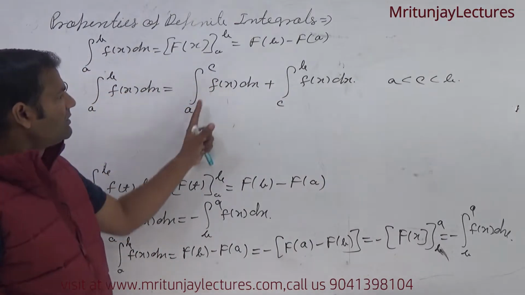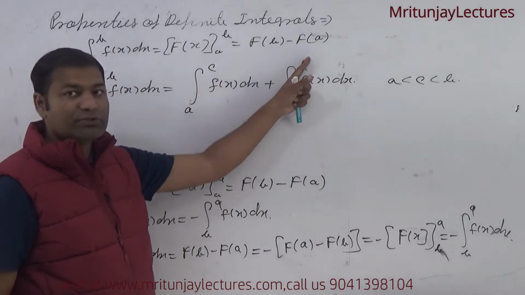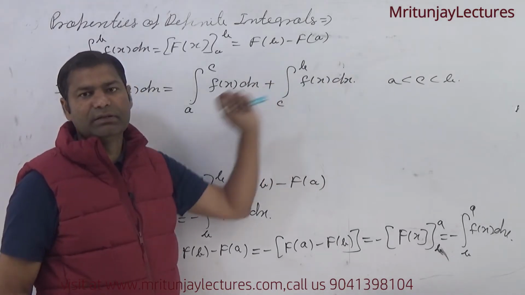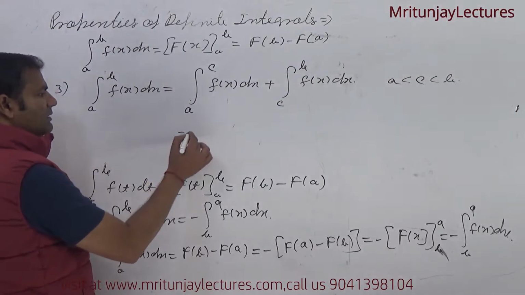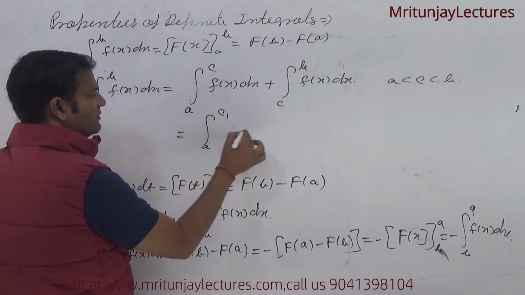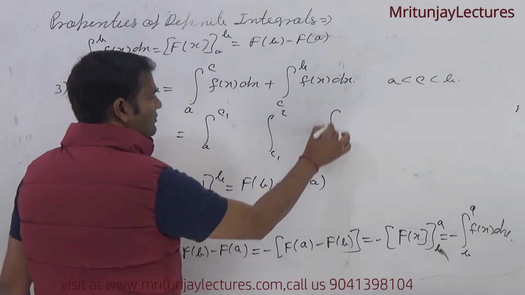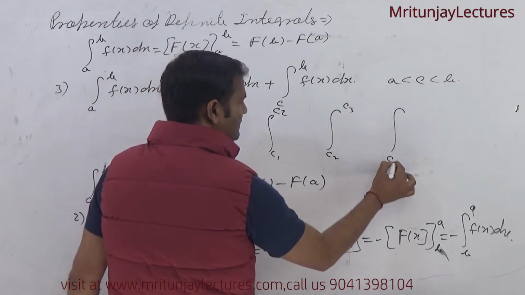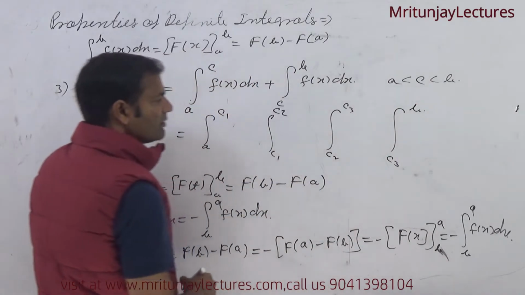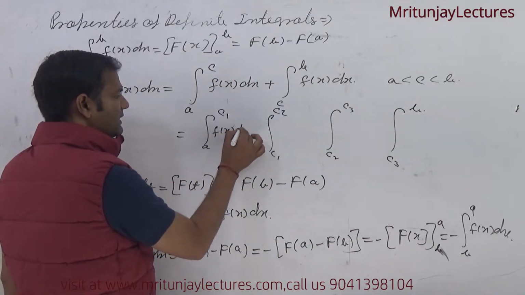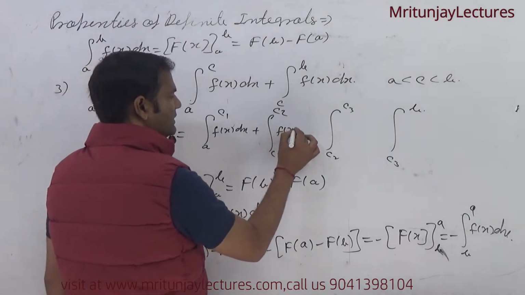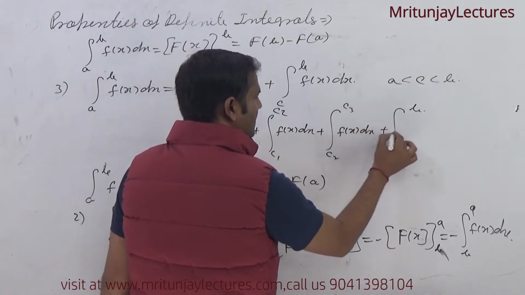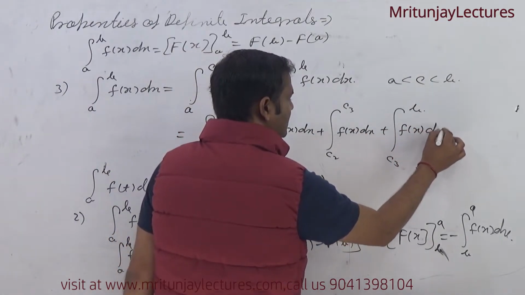Or you can say c1, c2, c3, whatever, and the last one b. What is the meaning of this? The integral from a to c1, c1 to c2, c2 to c3, c3 to b of f of x dx added together.